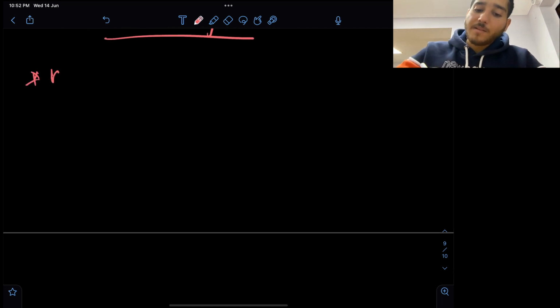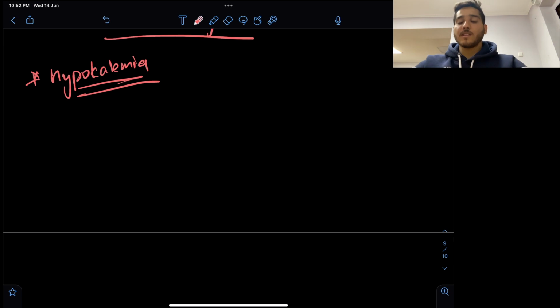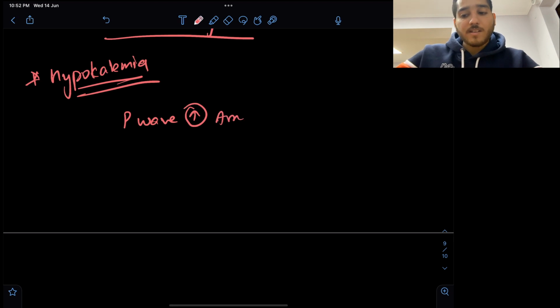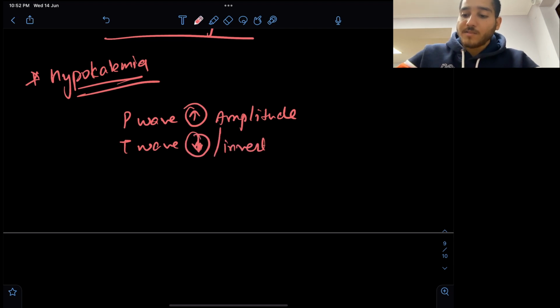For hypokalemia, the ECG changes will be absolutely opposite. There will be increased P wave amplitude. There will be decreased T wave amplitude, or inverted T waves, and there will be tachycardia.